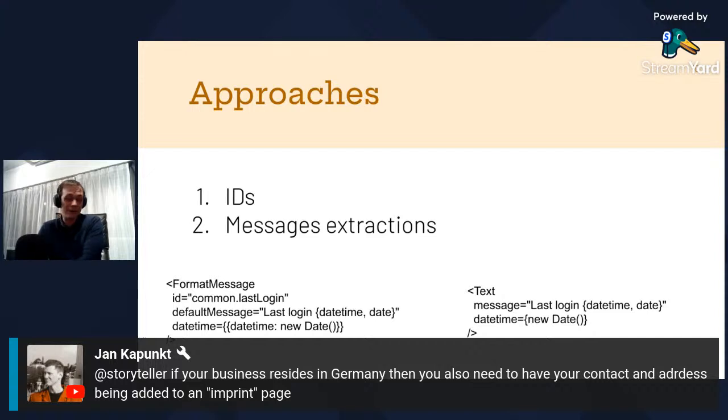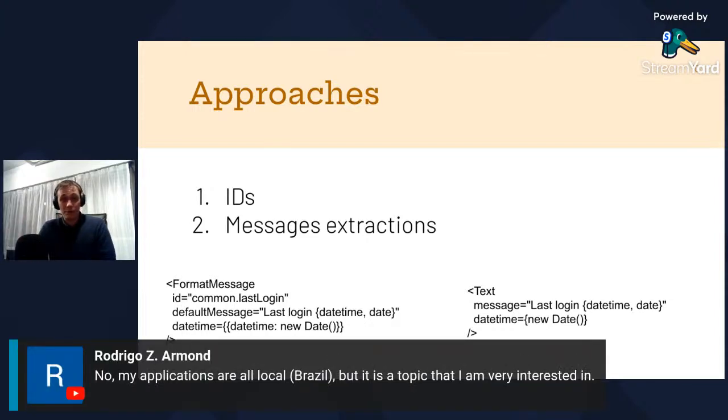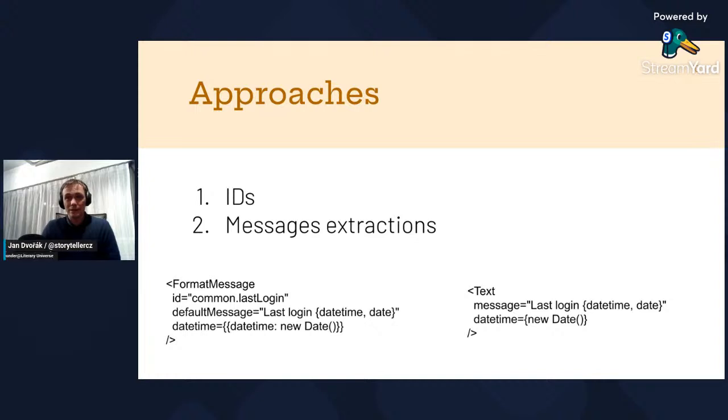Sadly, I couldn't find the great article that I had read in the past that covers the differences. But if you look at the example on the left, that is by ID, which means you have a language file in which you have an ID, and then you have the message locked to it. And usually you also have some options to add additional definitions.